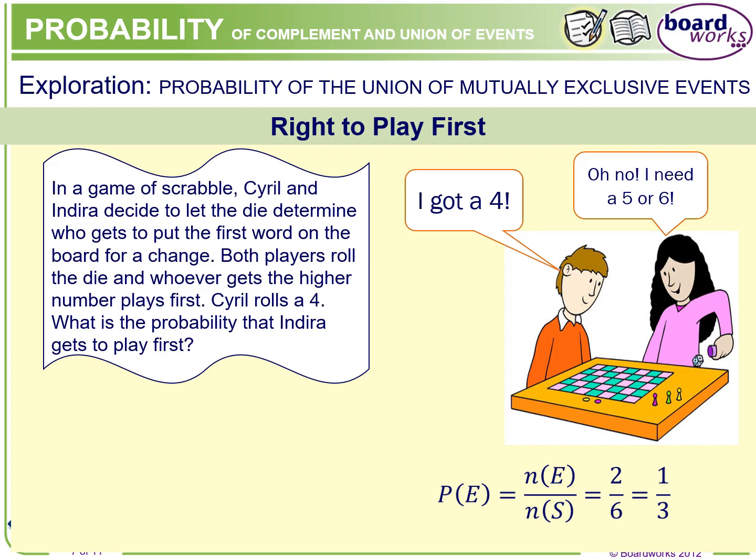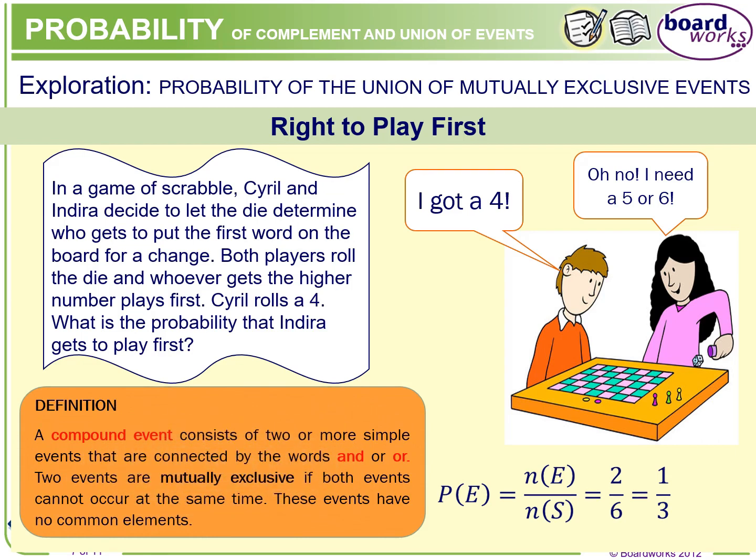So this kind of event is called a compound event. A compound event consists of 2 or more simple events that are connected by the words and or. 2 events are mutually exclusive if both events cannot occur at the same time.